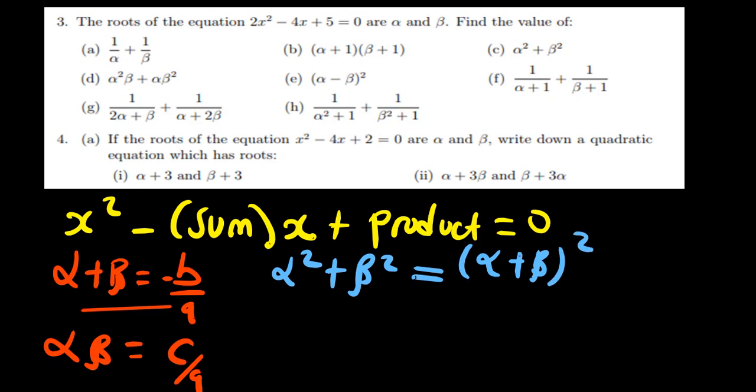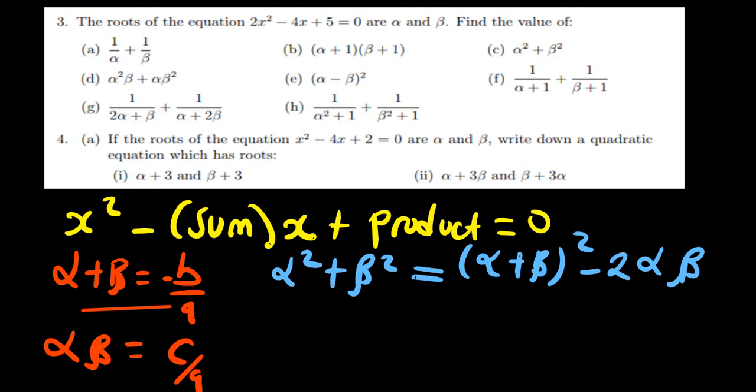This might be partially correct, but it's not fully correct. It is very wrong. So alpha squared plus beta squared is not equal to that. Don't make that mistake. Otherwise, the answer should be the way that you've written, but just add a -2 alpha beta. You'll be correct like that. So you have to know that one.